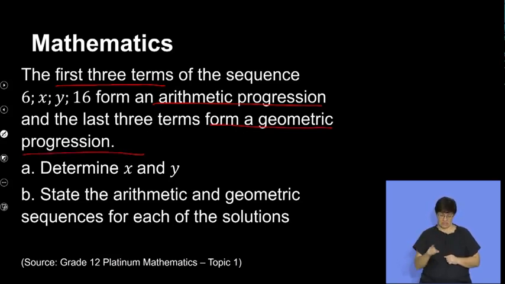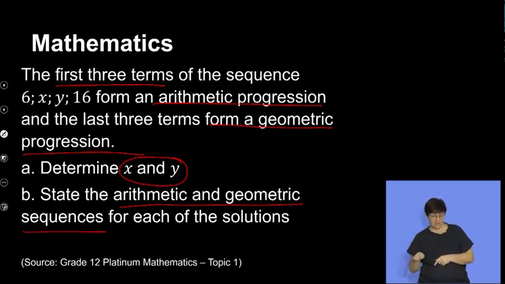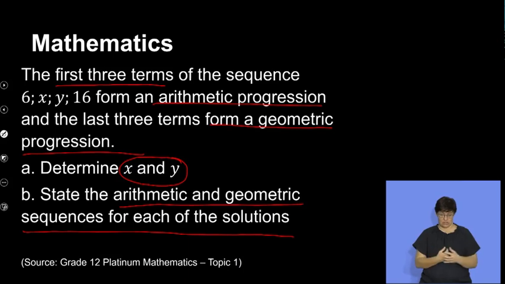A is asking me to first determine the values of x and y. B is asking me to state the arithmetic and geometric sequence for each of these solutions. Please remember the first 3 terms are arithmetic, so that's your common difference. The last 3 terms are geometric, which means it's going to be a common ratio. Please note I've just written CD for common difference and CR for common ratio as shorthand.